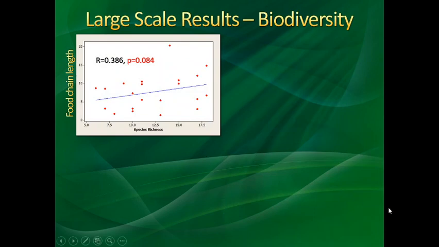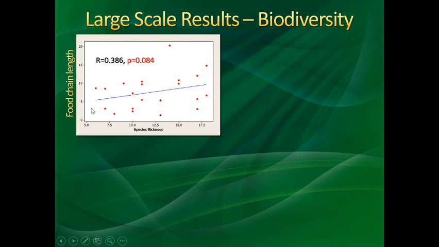So I wanted to see if just overall biodiversity was driving aspects of the food web. And what I found was, when you look at just straight up species richness, so the number of species in these playas, this is the best association that I could find with the food chain, like how many transfers of energy from plants to herbivores to carnivores to top predators, how long the food chain was.